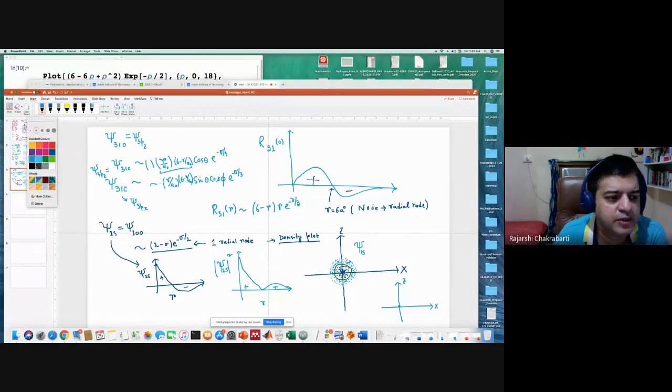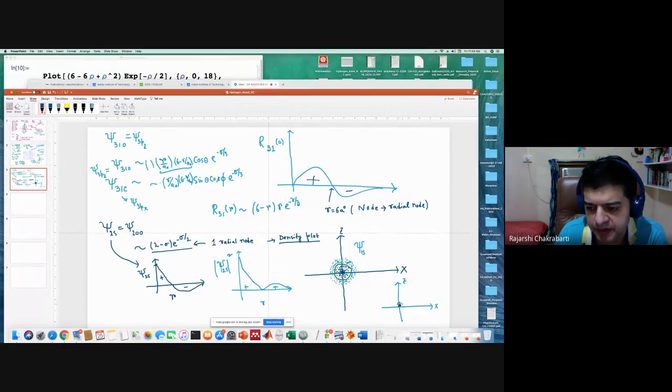But one difference is there. Can anyone tell me what is the difference? The difference is it is always positive because I am now plotting density. This is psi 2s mod square. This is probability density.